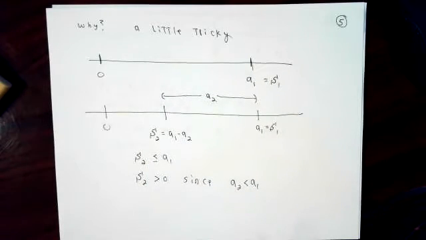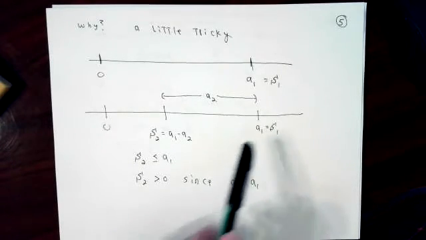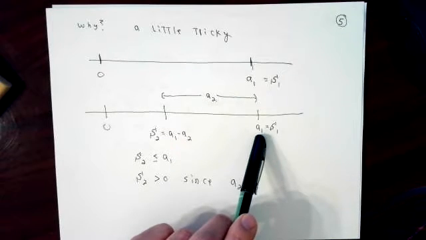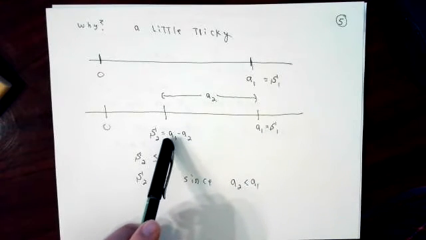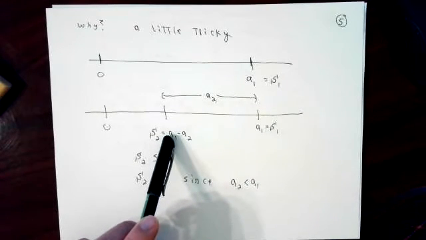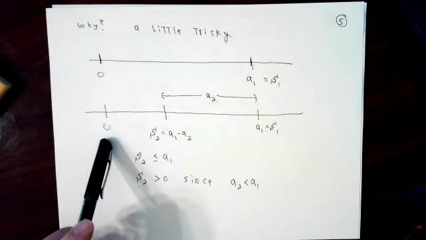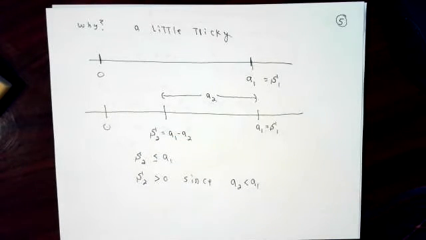The key thing to recognize, though, is A2 isn't as big as A1 is because of the decreasing part. So I started off sitting at A1. I move A2 units of distance to the left, but that's not enough to move me all the way to 0. So S2 has to be positive. Also, S2 has to be smaller than S1.